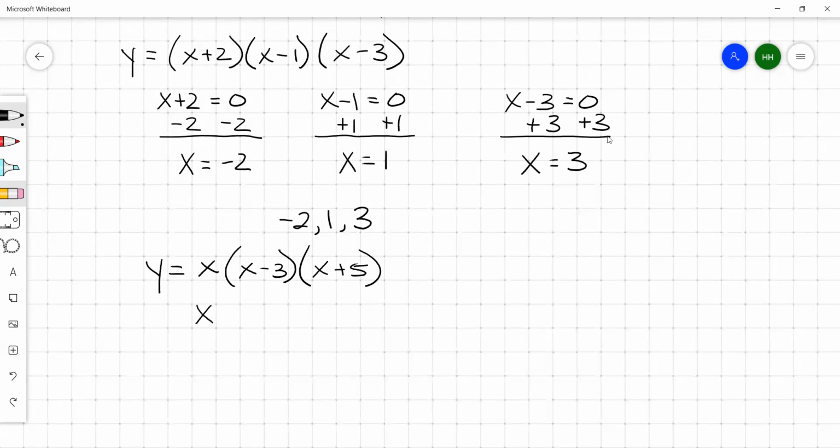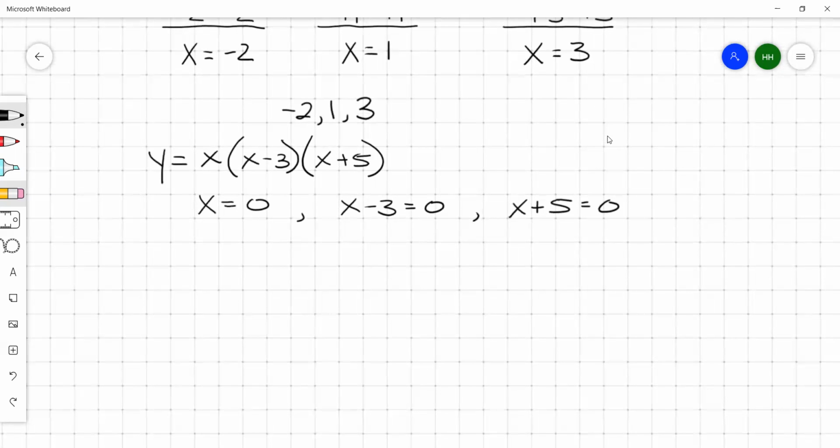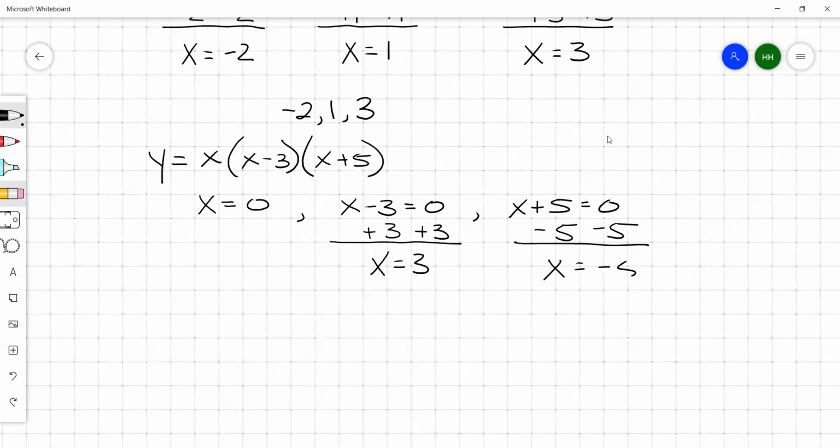So you get an x that's equal to 0, x minus 3 equal to 0, and x plus 5 equal to 0. So you've already got one of the zeros, which is at 0. The second 0 would be at positive 3, and the third 0 would be at x equals negative 5. So your three zeros here would be 0, 3, and negative 5.